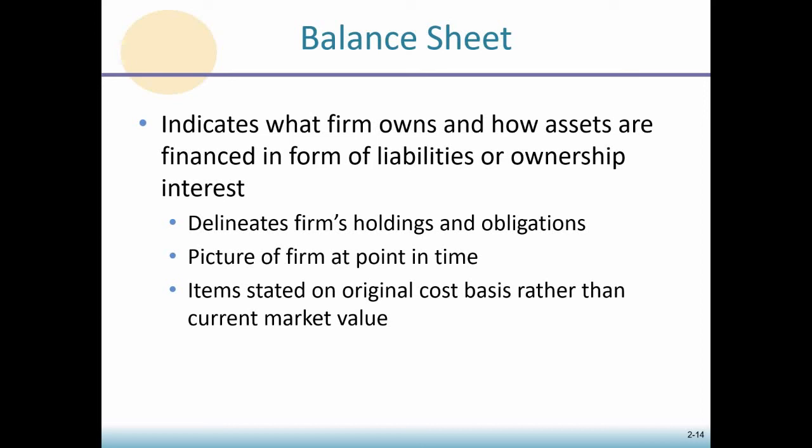If you owned agricultural land and you bought it 50 years ago, you might have paid $100 an acre for it, and it's worth $750 an acre now. In a true balance sheet, you're still listing it as worth $100 an acre, even though it's gone up in value by $650 an acre.